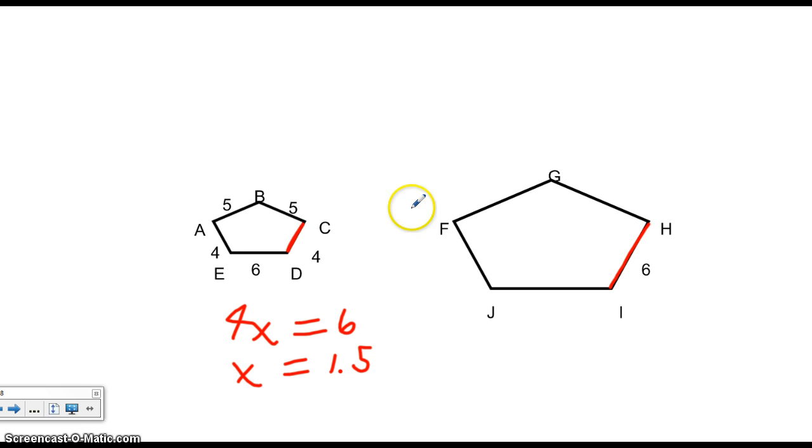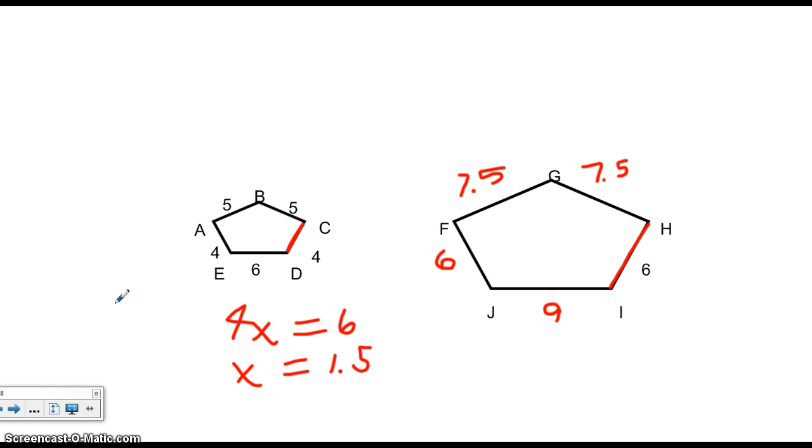Each of the sides of this larger pentagon is 1.5 times larger than the smaller one. So we'll go around and we'll fill this in. There's a 6. There's a 9, because that's 1.5, and then 5 times 1.5 is 7.5. And now we have all the sides of this pentagon using the scale factor. So we add all of them together, and we would get the total. And that total was 36.